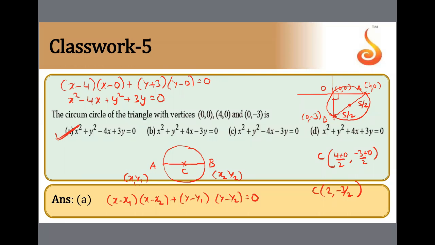AB is nothing but the diameter. Any doubt? Otherwise also you can find, you know the center, you know the radius, you can find the circle equation. No doubt. Okay, next one.